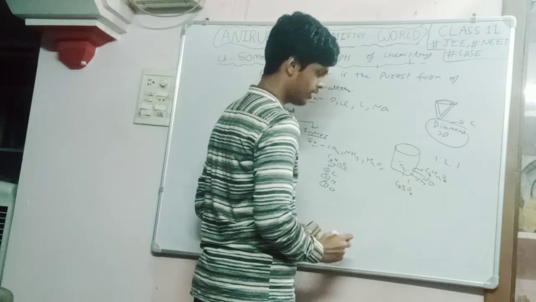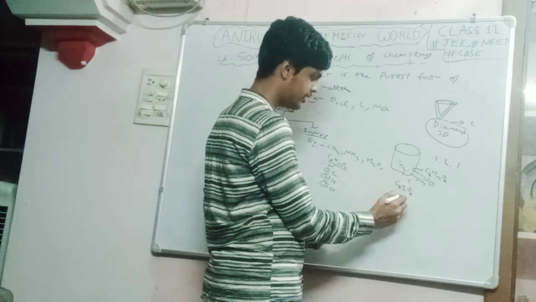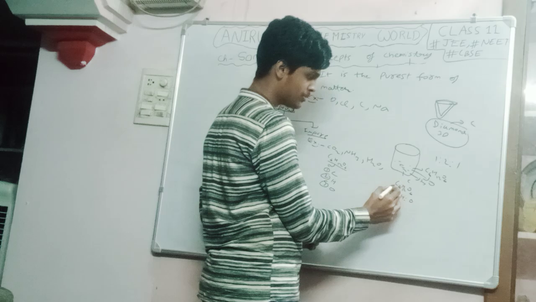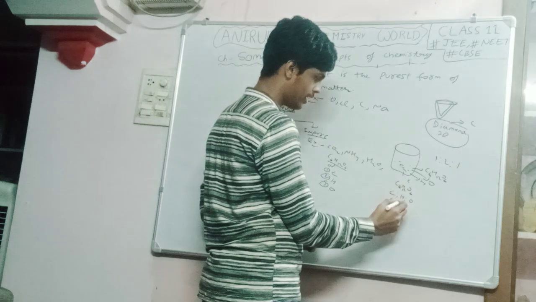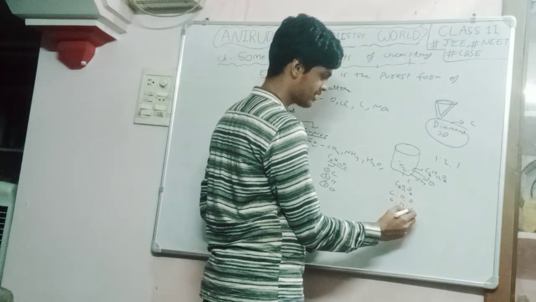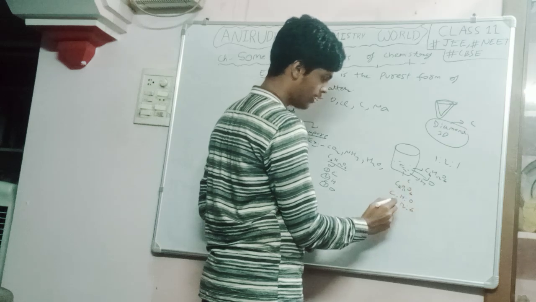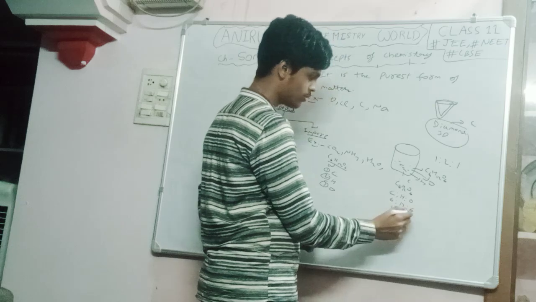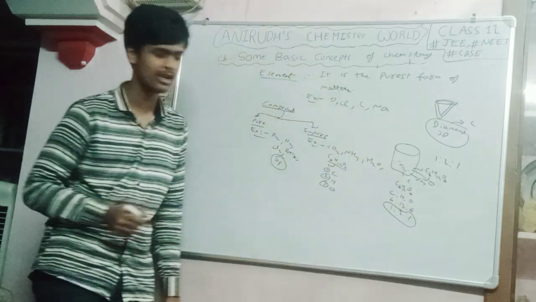If you want to calculate the ratio of carbon to hydrogen to oxygen in C6H12O6, how many times is carbon taken? 6 times. Hydrogen is 12 times. Oxygen is 6 times. If you cancel with the 6 tables, 6 1s are 6, 6 2s are 12, 6 1s are 6. 1 is to 2 is to 1 is the ratio of C6H12O6. Okay.